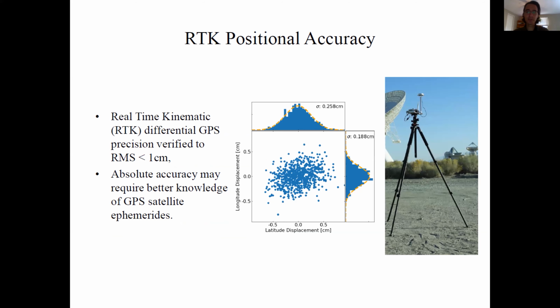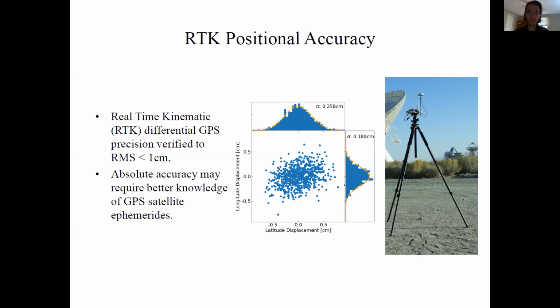And this is done with a differential system. So the idea here is that you've got a ground station, which is pictured on that tripod, whose location doesn't move, and then there's the drone that does move around. And so when there are errors in the GPS signal that come largely from the satellite ephemeris, if you know that these two receivers are seeing the same errors, but one of them is not moving, then you can do a differential measurement to reconstruct the position of the drone to much higher accuracy.